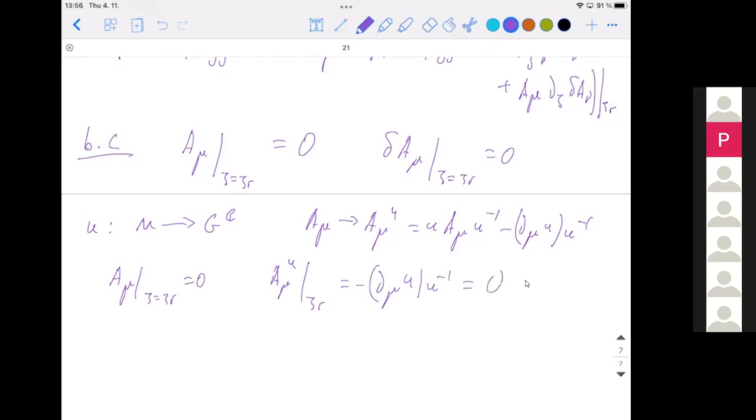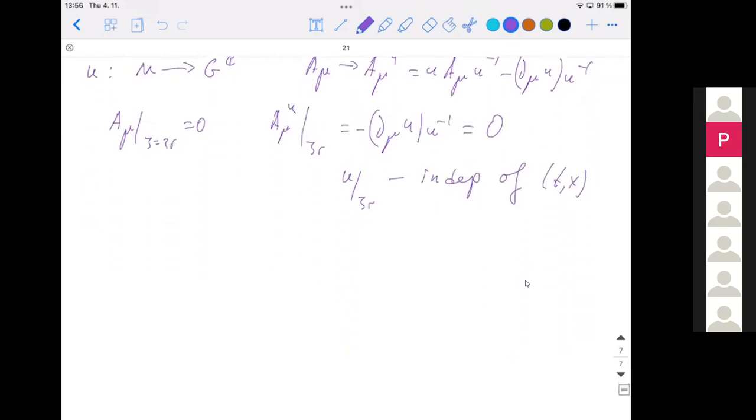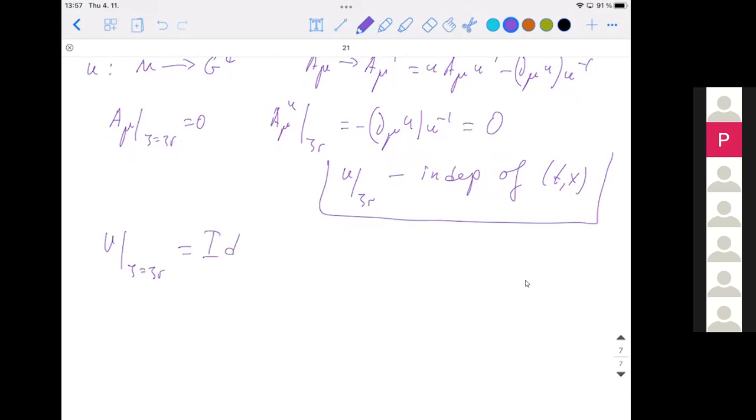And this. So that means that u is actually, the boundary is independent of t and x. So it's just some, and you can write it as just let it be identity.